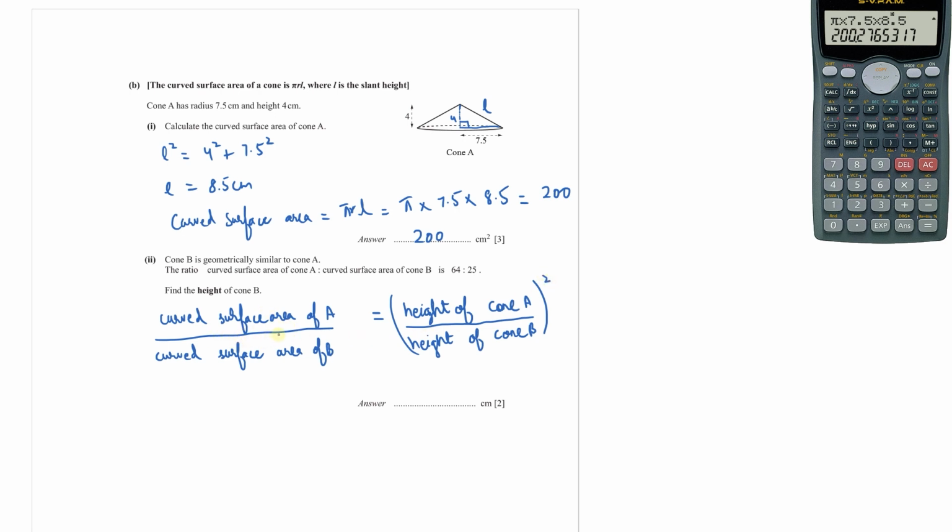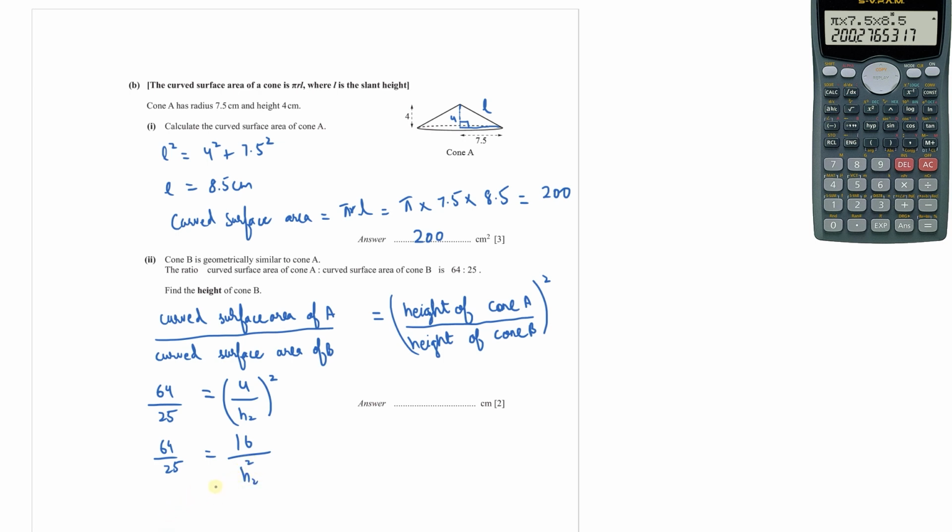So what is the curved surface area of A over curved surface area of B? You're given this ratio, it is 64/25. And then height of cone A is 4, and height of cone B is unknown. Let's call it H2, the height of cone B, and then whole squared. So if I take the square here, I'll get 64/25 equals 16 over H2 squared.